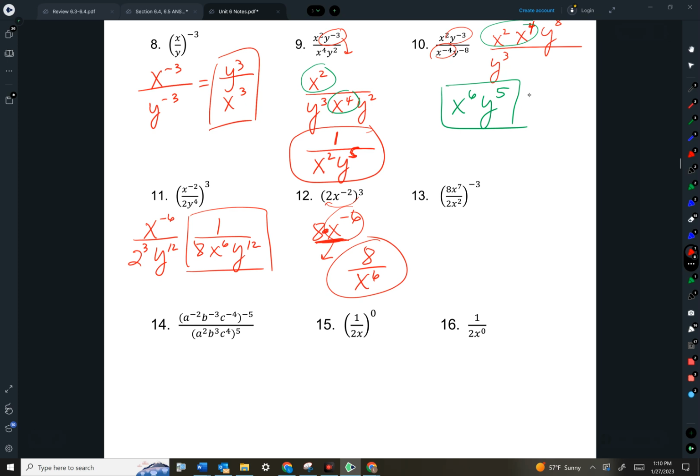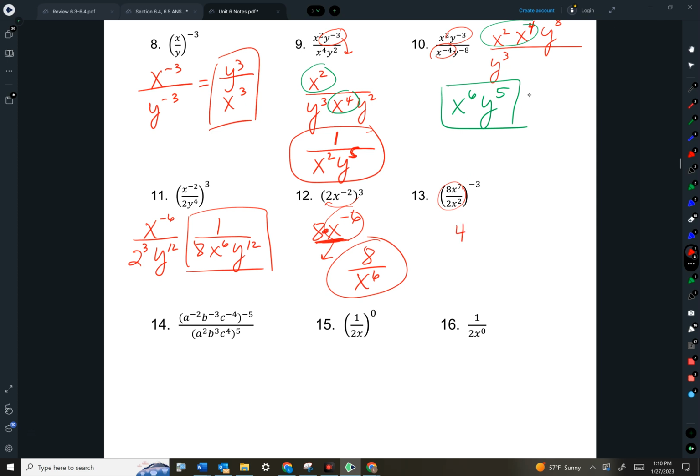Okay, number 13. On this one, notice I have a choice. I could start by applying the 3 to everything, but I don't know what 8 to the 3rd is. So my other option is I could simplify inside here first and then apply the negative 3. So I think that's what I'm going to do. So on the inside, 8 over 2 is 4.